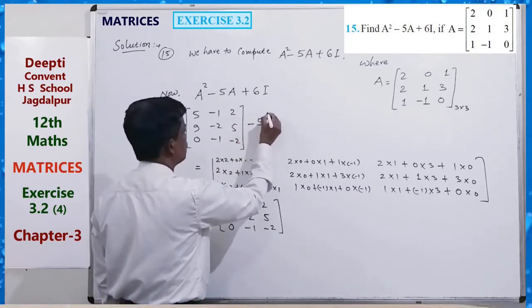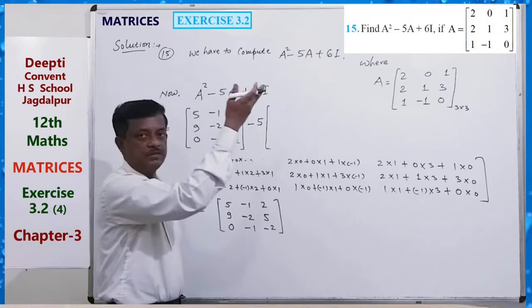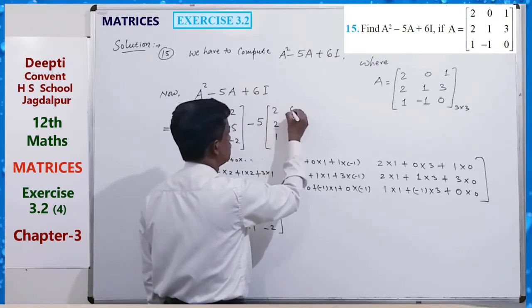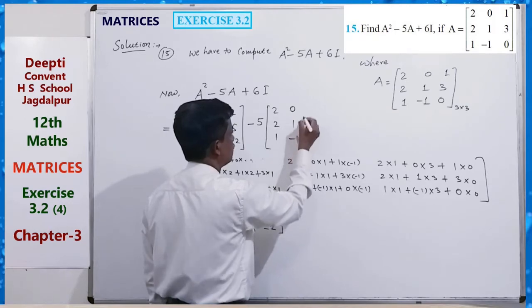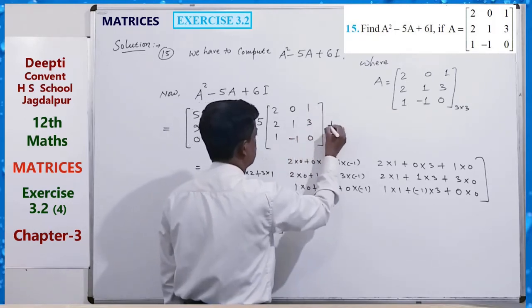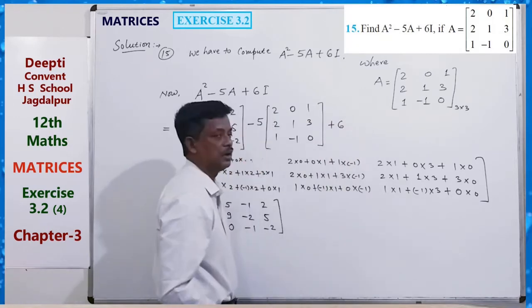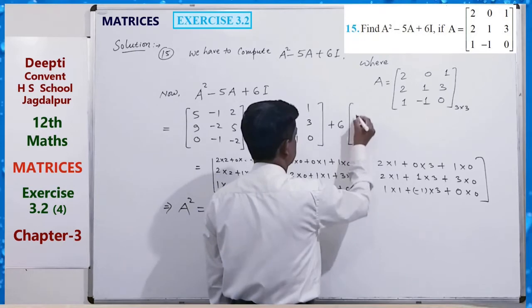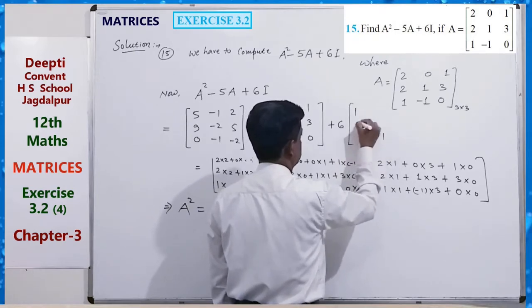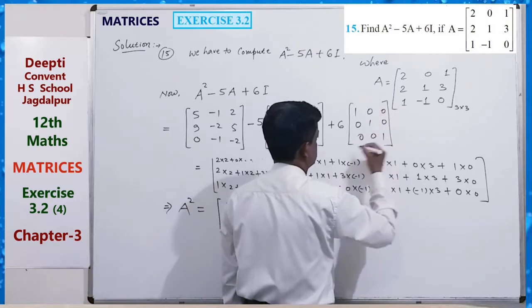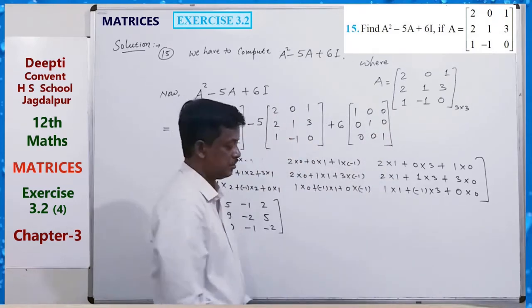Minus 5 into A, which is given as 2 0 1, 2 1 3, 1 minus 1 0. Plus 6 into I of this order: 1 0 0, 0 1 0, 0 0 1. So this is I.